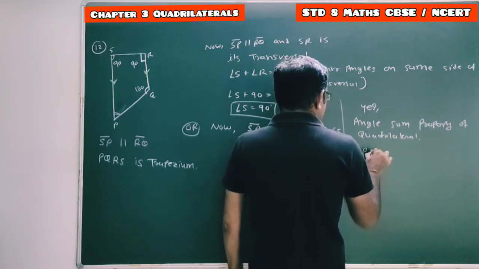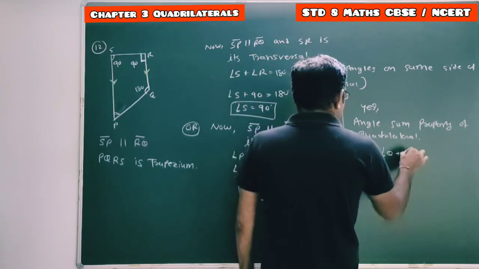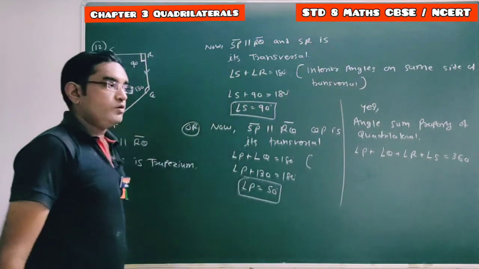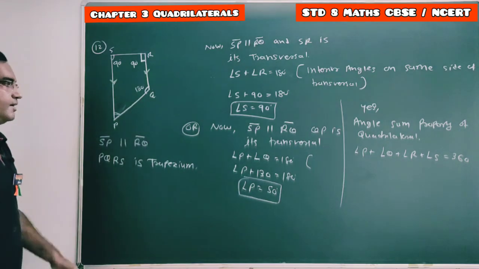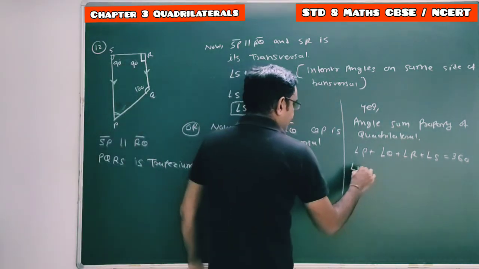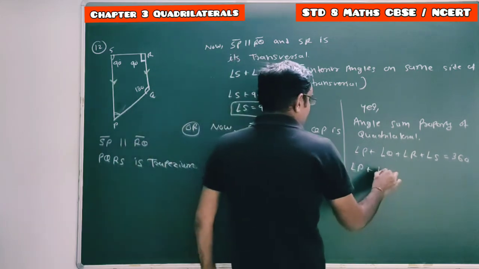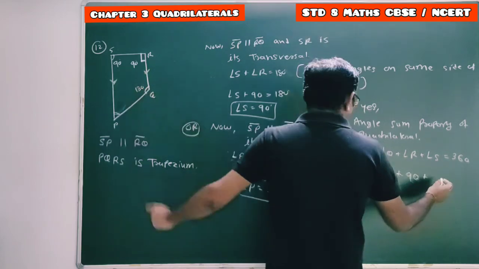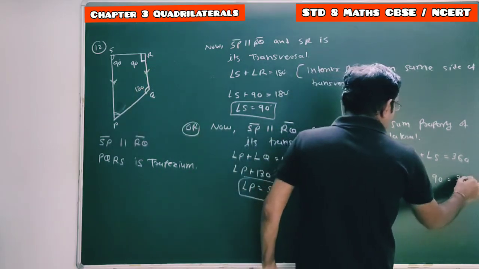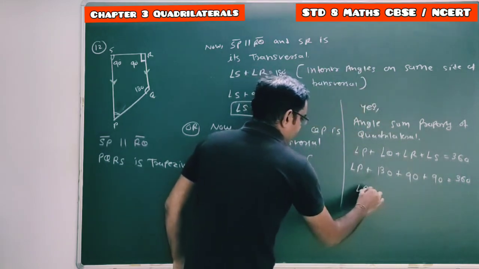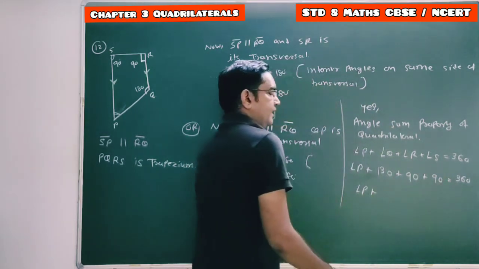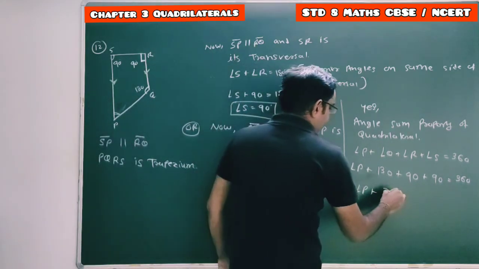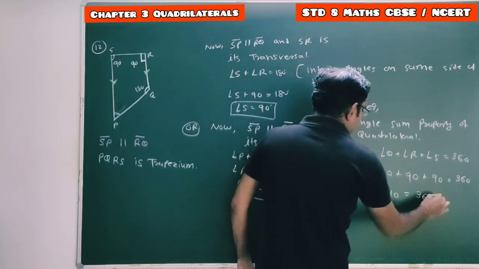So angle P plus angle Q plus angle R plus angle S is equal to 360 degrees. The sum of all the interior angles of the quadrilateral will be 360 degrees. We have to find angle P. So angle P plus angle Q 130 degrees, angle R 90 degrees, and angle S, which we found, 90 degrees, is equal to 360 degrees. So angle P plus, adding 90 plus 90 is 180, 180 plus 130 is 310, equal to 360 degrees.